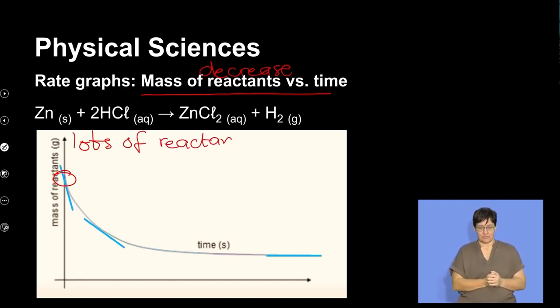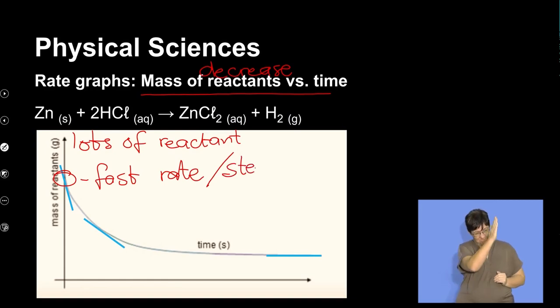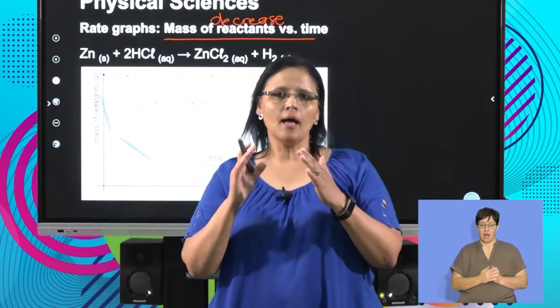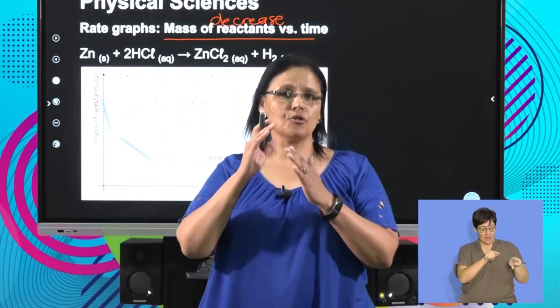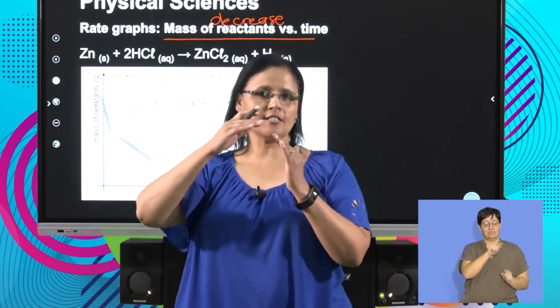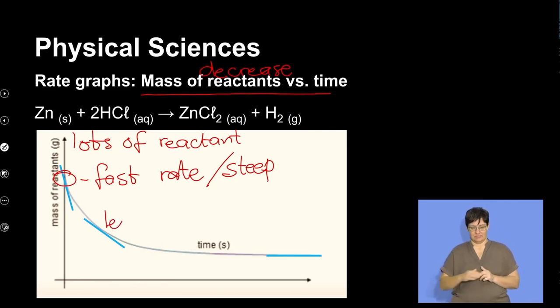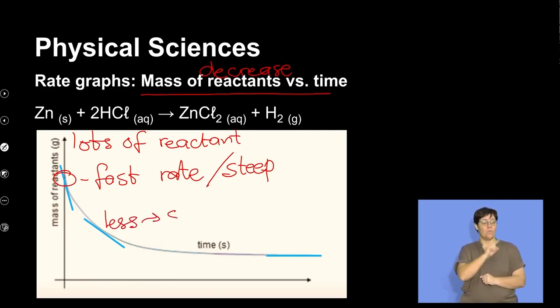So at the beginning, we have a very fast rate, and that fast rate goes hand in hand with a very steep gradient. Then as the reaction goes on and the reactants are being used up, there's less and less reactants, therefore the gradient becomes less steep. It happens because the reaction is now slowing down.